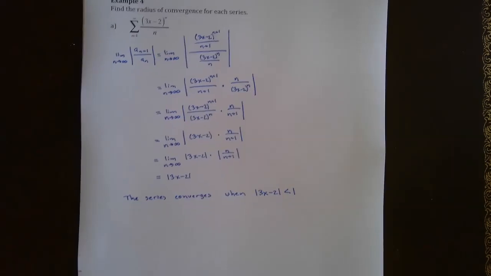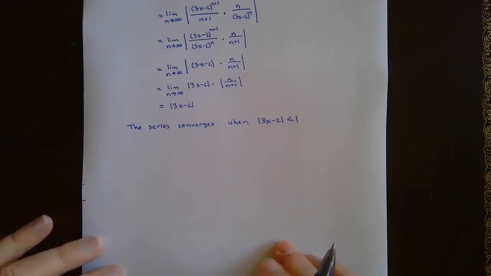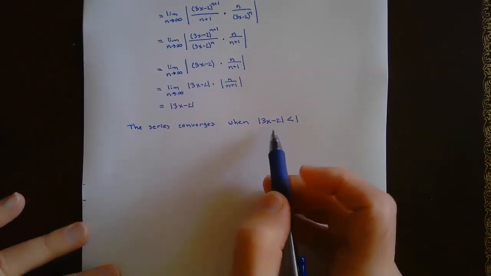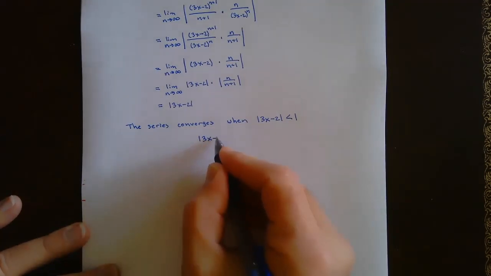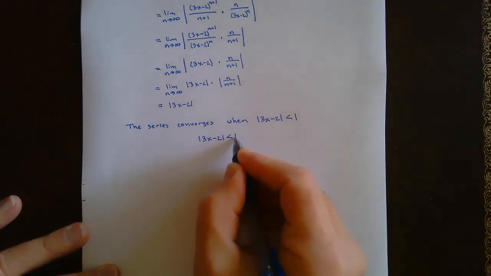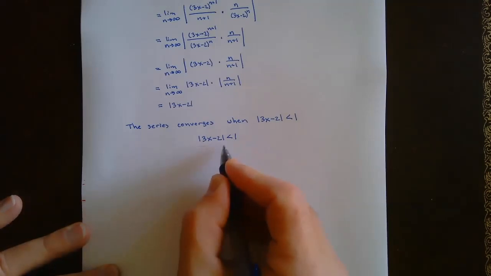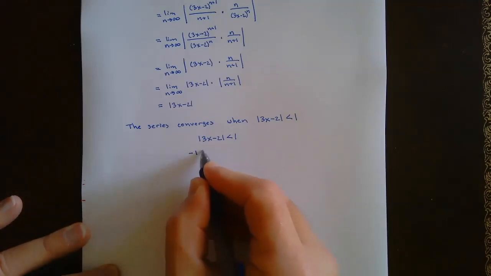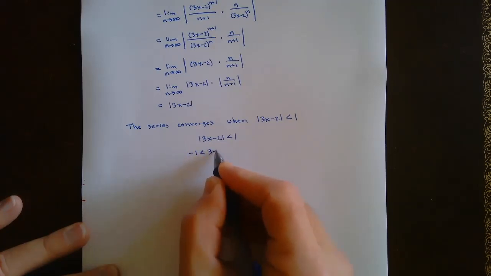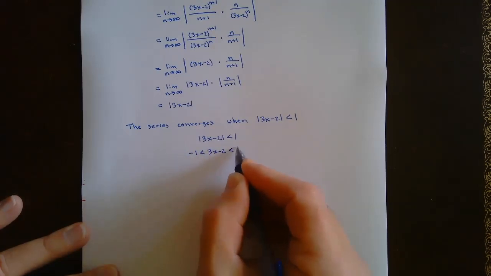I'm going to slide this up a little bit. So what does this mean? The absolute value of 3x minus 2 is less than 1. What that means is that the 3x minus 2 has to be in between -1 and 1. So we write -1 is less than 3x minus 2 less than 1.